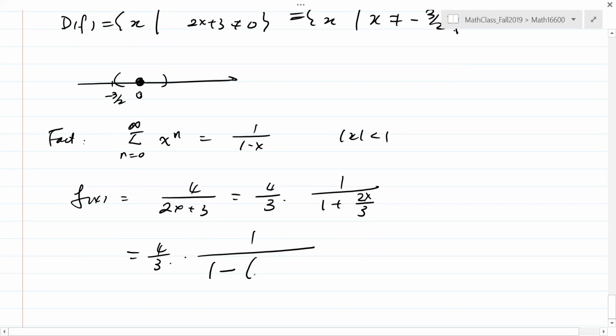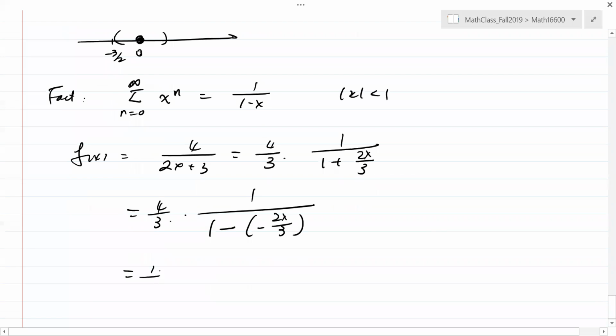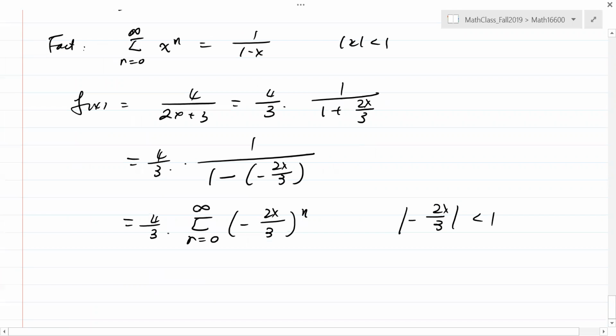So now use the formula. You will get the sum from n starting from 0 of negative 2x over 3 to the power n. But this holds when this is less than 1.